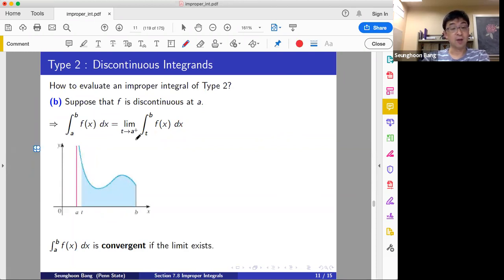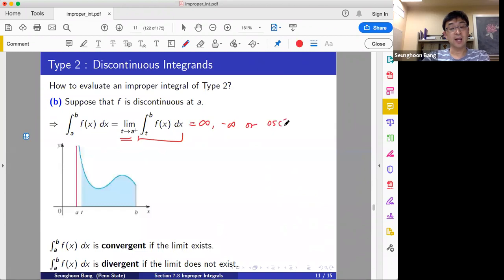You calculate the definite integral, take the limit, and it is finite. Otherwise it is divergent: if the limit does not exist, the answer is infinity, minus infinity, or oscillating.